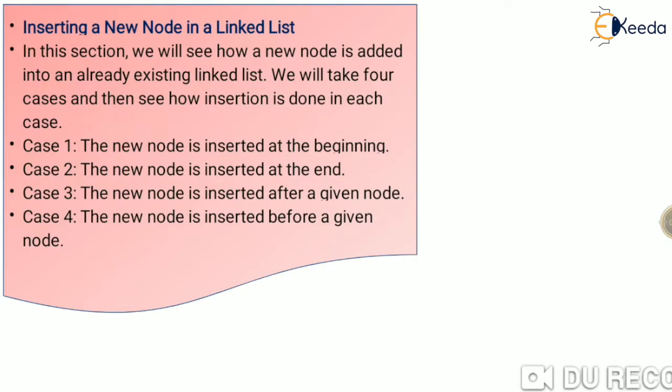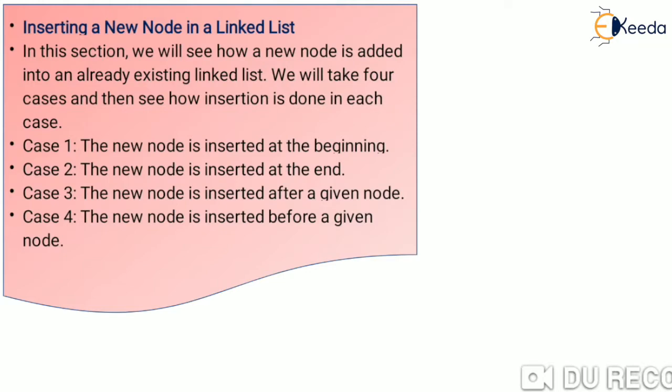Now the next subtopic of singly linked list is inserting a new node in a linked list. Now from here we are inserting a new node by considering different cases, right? In this section, we will see how a new node is added into an already existing linked list.